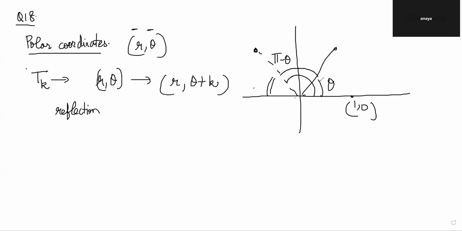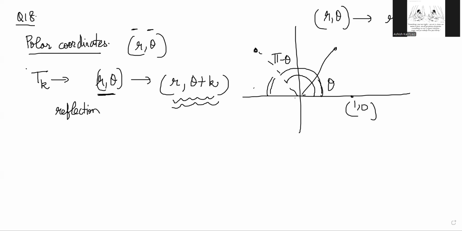So this whole angle is 180 minus theta, right? However, I'm not reflecting this, I'm reflecting this, right? r theta goes to r comma pi minus theta.